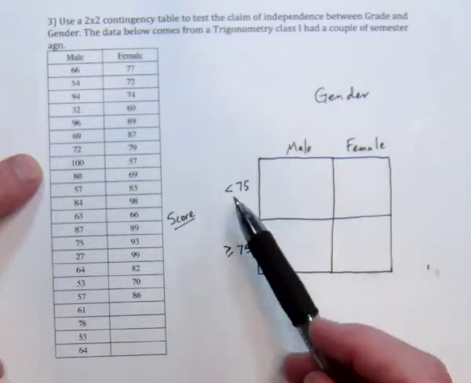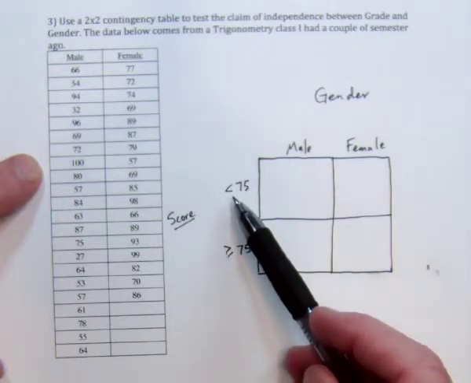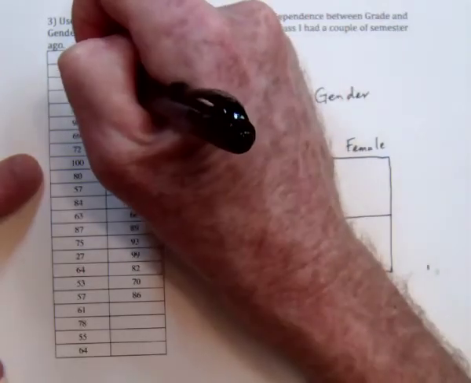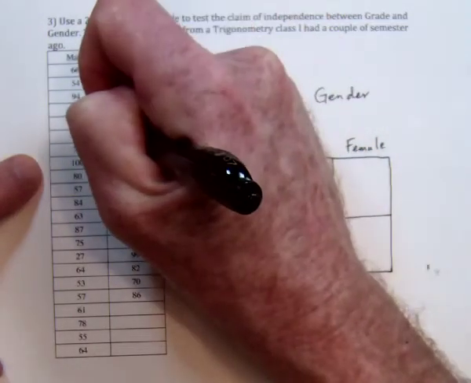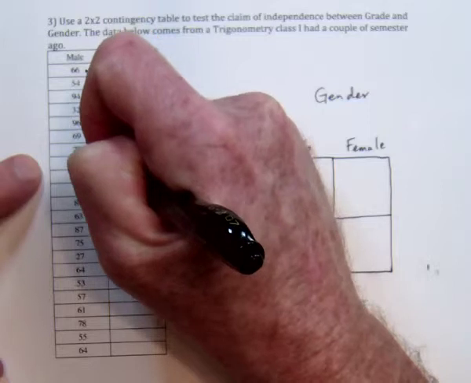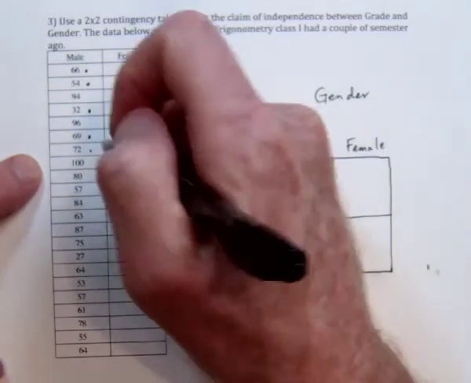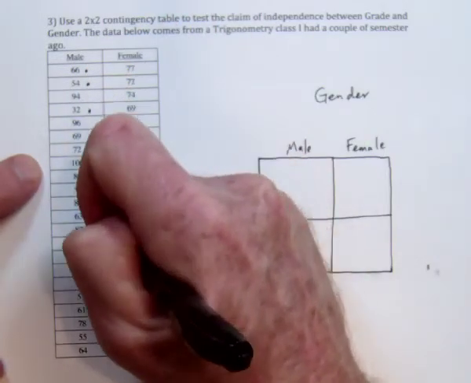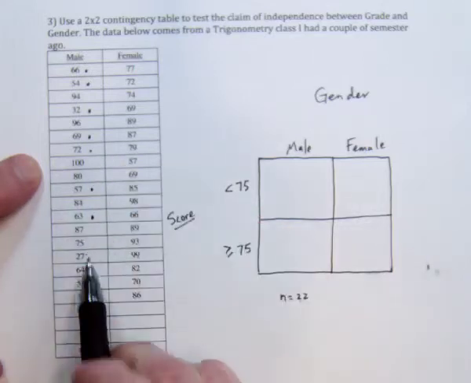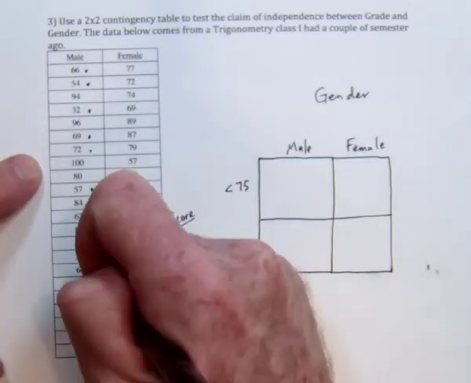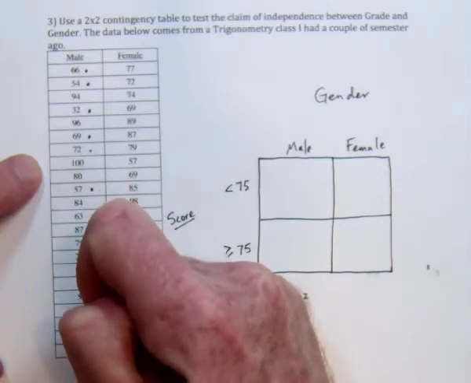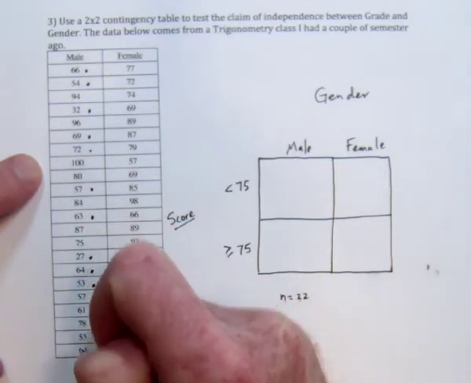So now I'm going to highlight the men that have less than 75. By highlight, I mean just going to put a dot by them. So if they have got strictly less than 75, this one doesn't count. This one's going to count over in this group. Wow, come on guys.